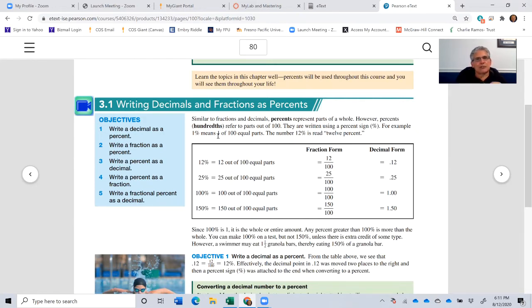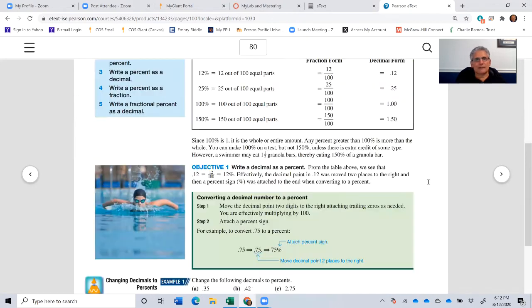So as an example here, 12% equals 12 out of 100 equal parts. If I were to write that in fraction form, it would be 12 over 100. And in decimal form, it would be 0.12 or 12 hundredths. 25% is 25 over 100 or 0.25.